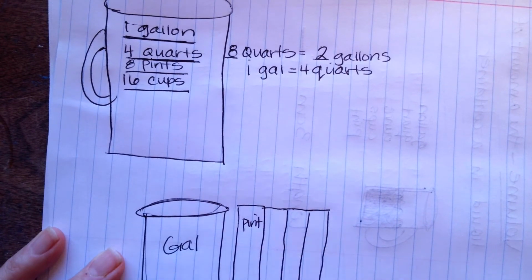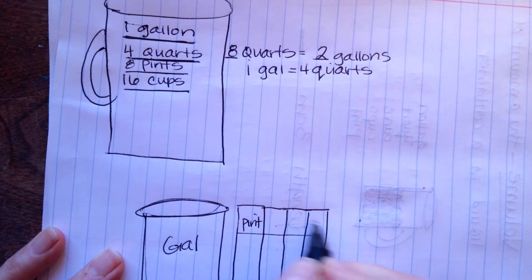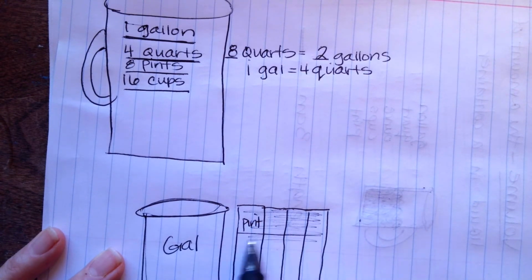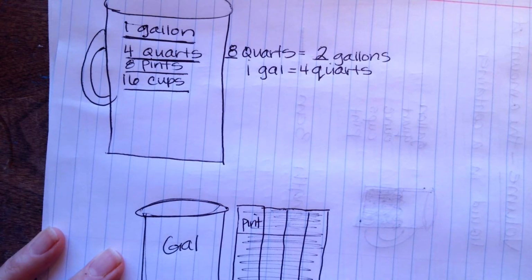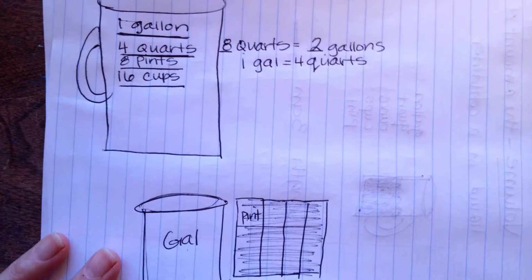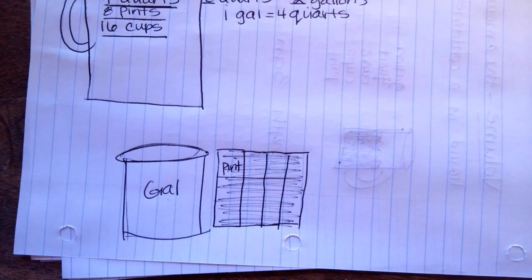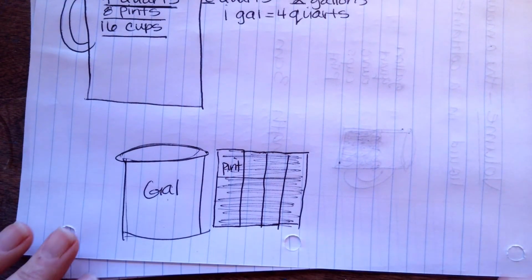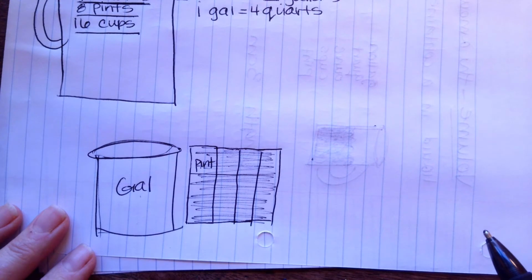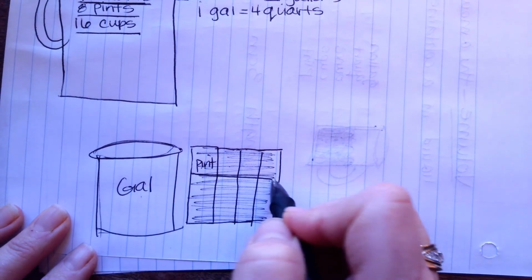So this is a gallon, and then these would be the pints. If you poured them all in the same container, these 4 cartons that are pint size and this 1 gallon would all be the same amount of liquid. And then it would be 8 pints, sorry.